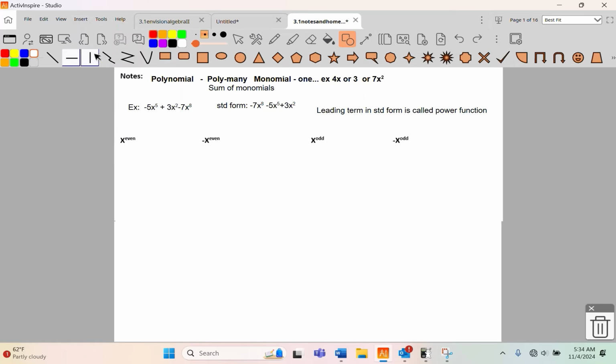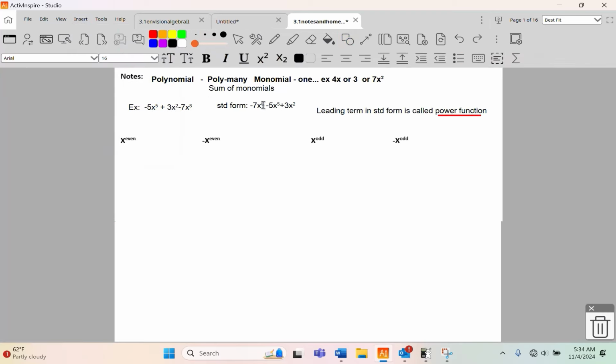And the power function controls what we call end behavior. Sometimes it's called long run behavior, but we call it end behavior in Tennessee. It controls end behavior. So we'll go over end behavior again.